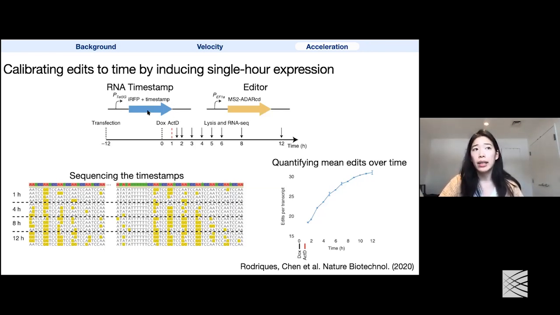And so the idea is that what you're reading out with your timestamp is a good proxy for how many times you're transcribing your favorite gene. In terms of how stable this timestamp is, we did do a test to see what the degradation was, and we found very little degradation in a 12-hour timestamp.